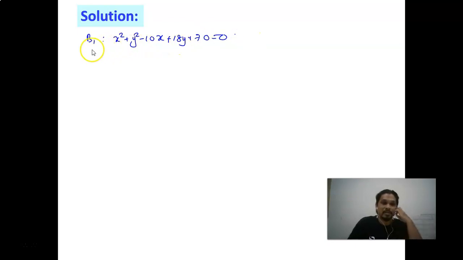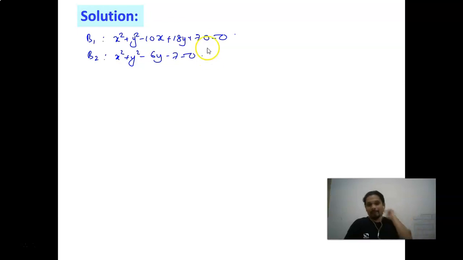Okay, the first circle B1. And B2 here is x squared plus y squared minus 6y minus 7 equal to 0. Okay, let's compare both of these. We call circles with x squared plus y squared plus 2gx plus 2fy plus c equal to 0.